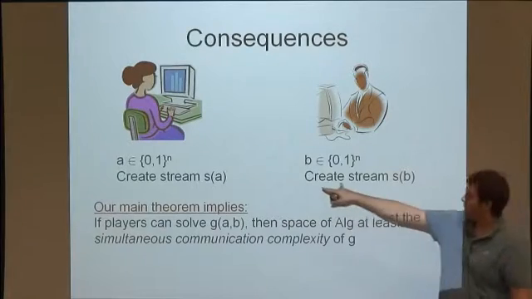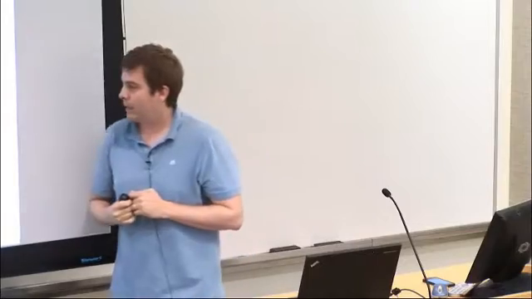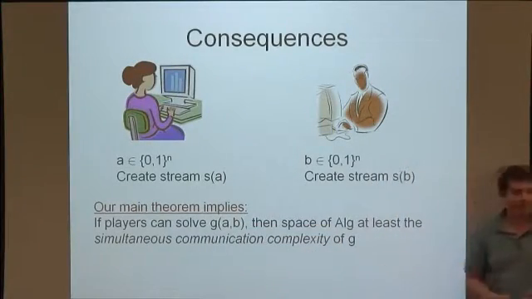Again, they create these local streams S of A and S of B. And if the players can solve this problem G of AB, then the space complexity of the algorithm must be at least the simultaneous communication complexity of G. And let me describe what that is. That's an even more restrictive communication model, and so it allows for proving lower bounds in a new way. It gives an avenue for easier proofs.